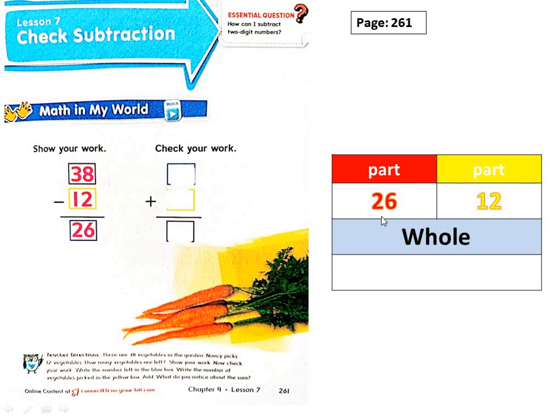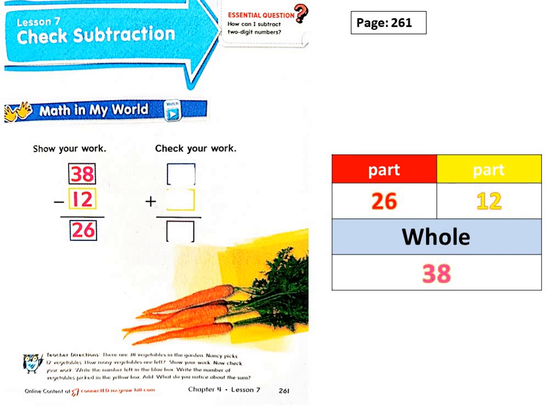The second part is 26. If we add the two parts, we will get the whole. So if we add 26 to 12, we will get, what do you think? Did you say 38? If so, you are totally right, grade 2. Yes, of course. If we add 26 to 12, we will get 38.